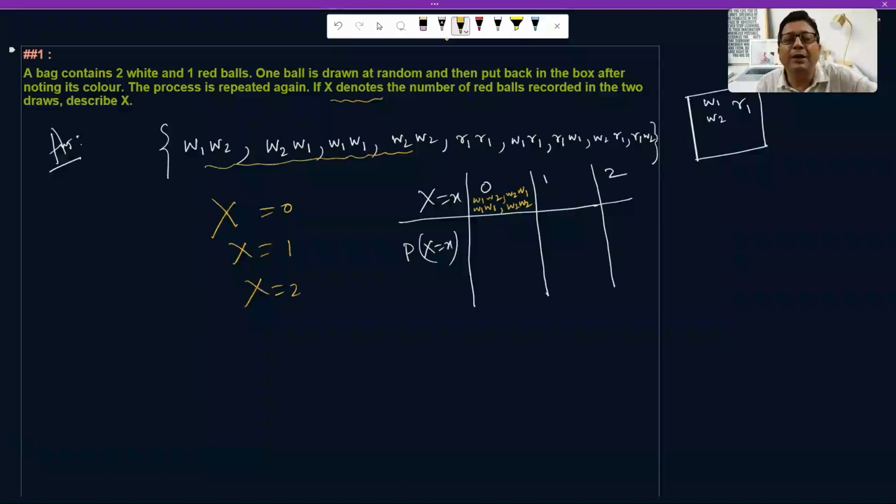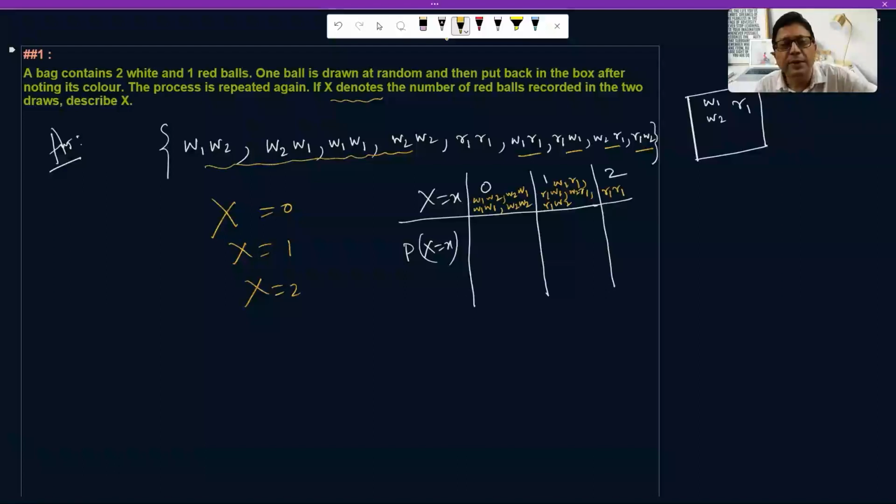And here 1 red. 1 red, how many cases? This one, this one, this one, this one. So it includes W1 R1, R1 W1, W2 R1, R1 W2. And this one, both the times red, it is R1 R1.